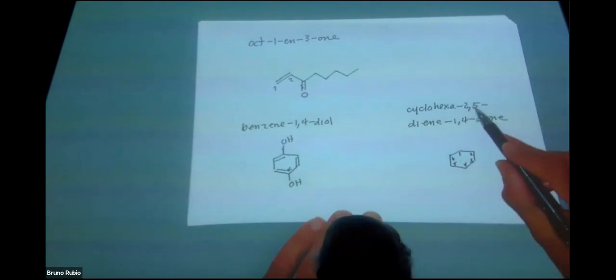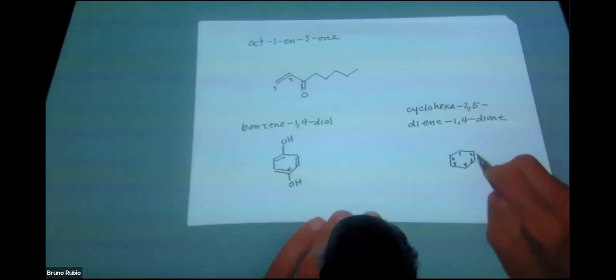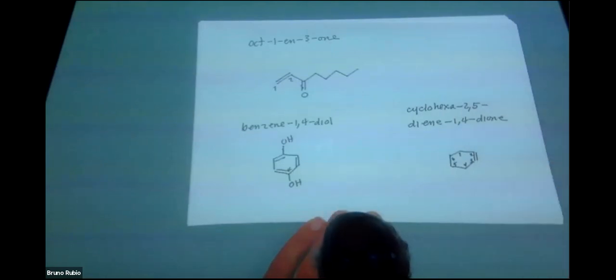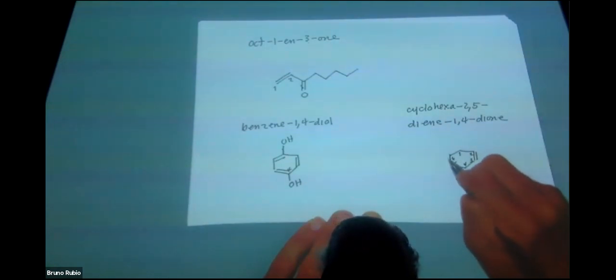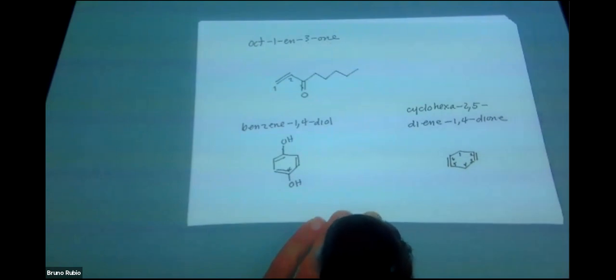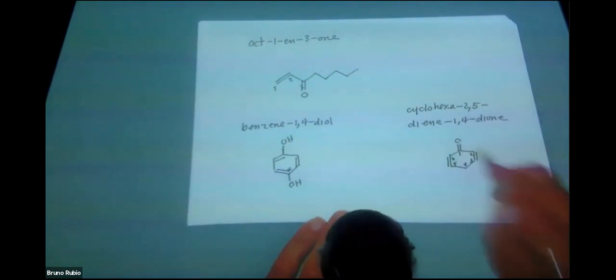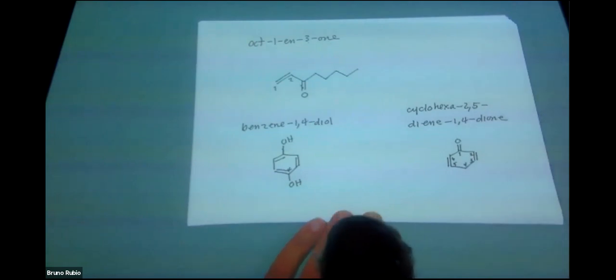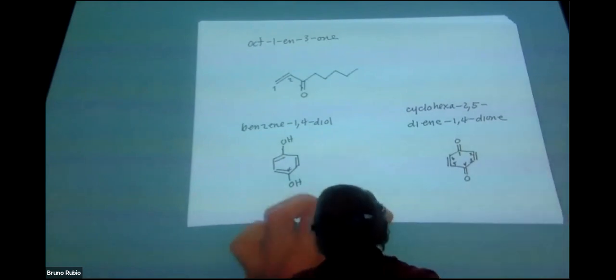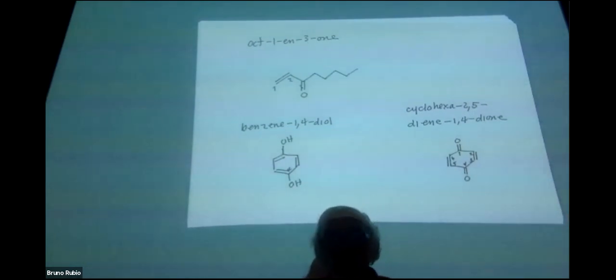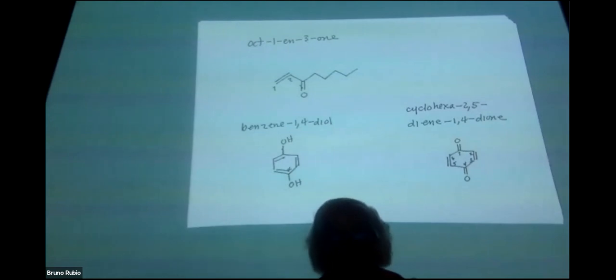Cyclohexa 2,5-diene means I have a double bond at carbon 2 going to carbon 3. I have another double bond at carbon 5 going to carbon 6. That's the unsaturation marker. And at carbon 1, I have a ketone, and at carbon 4, I have another ketone. So that's cyclohexa 2,5-diene 1,4-dione.